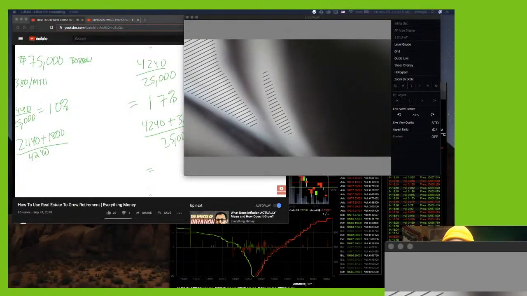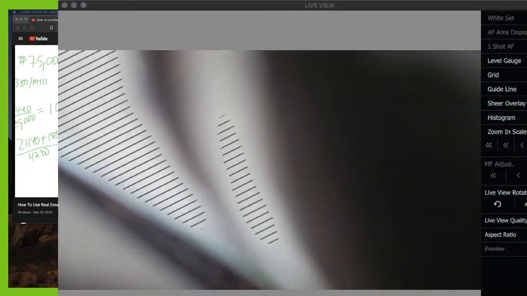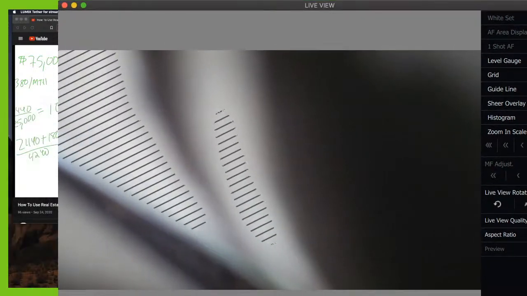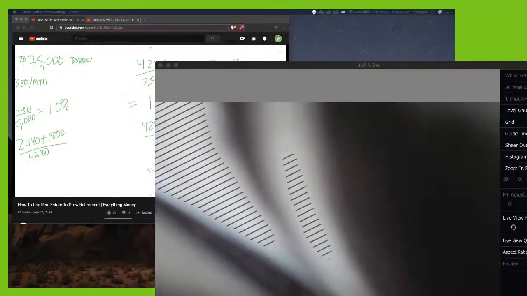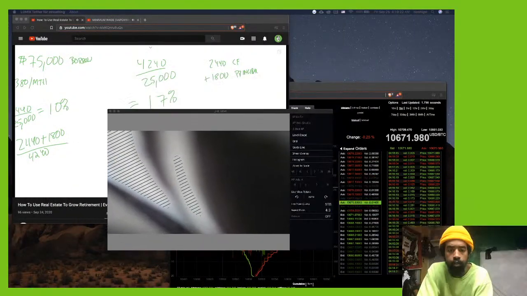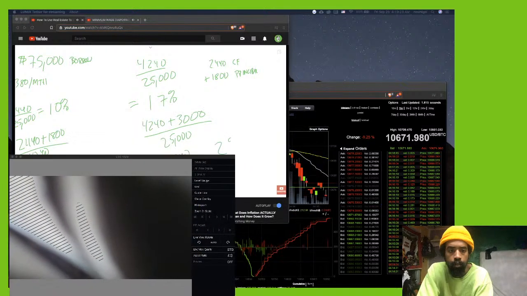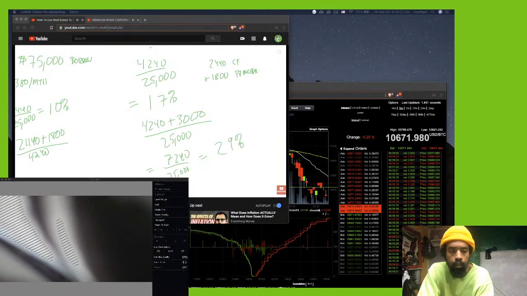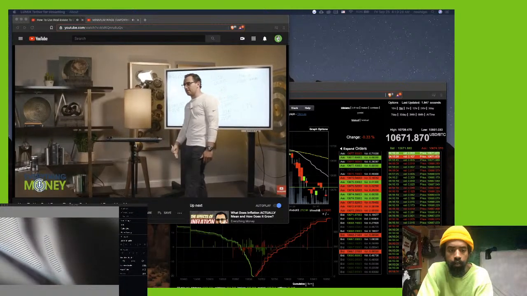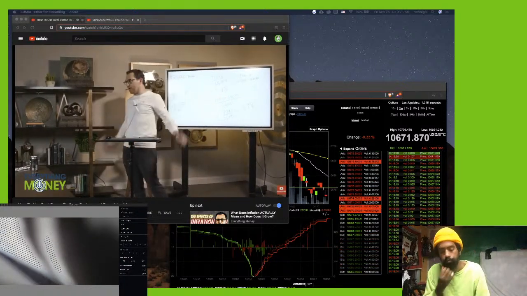To break it down, your $4,240 was $2,440 in cash flow plus $1,800 off the principal when you paid down your mortgage, plus $3,000 in appreciation. It's $7,240 off 25 grand. 28.9%. Guys, 29% return by investing.